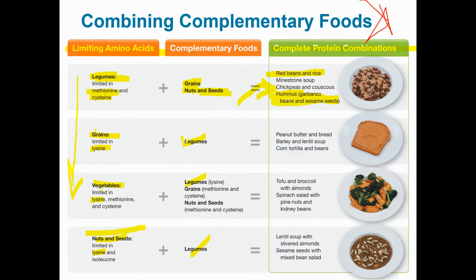So that's why I say legumes, especially someone following a plant-based diet, I do recommend legumes every day. And then of course you do need to also have whole grains, vegetables, nuts, and seeds, especially grains, nuts, and seeds, to be providing the methionine and cysteine, because you'll notice the vegetables are also low in methionine and cysteine. So I won't go through this whole page, but again, this is a great chart.